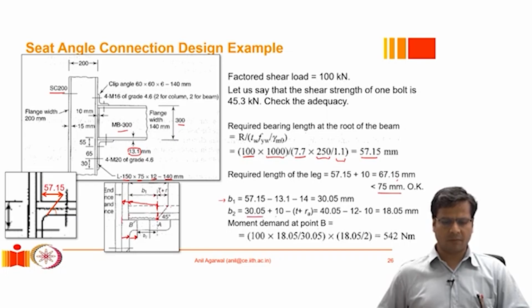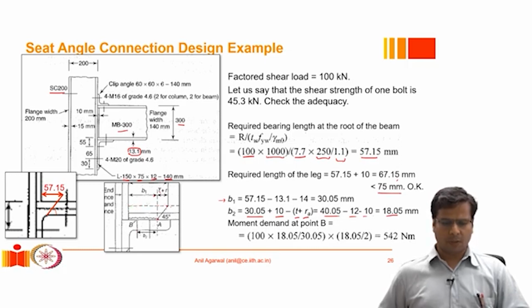We take B1, add 10 millimeters for the gap, deduct the thickness of the leg, and deduct the radius of the fillet. These numbers lead us to a value of 18.05 millimeters. So by ensuring a leg of size 67.15 millimeter or greater, we have ensured that there is no crippling failure here.